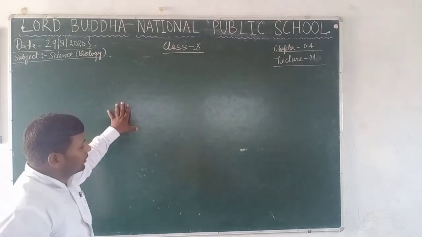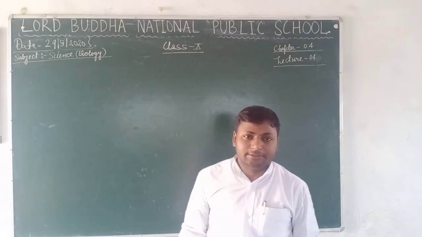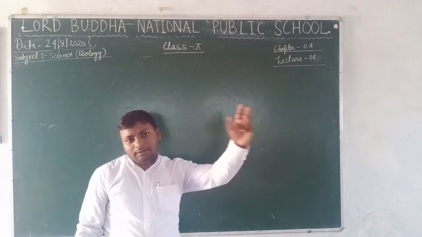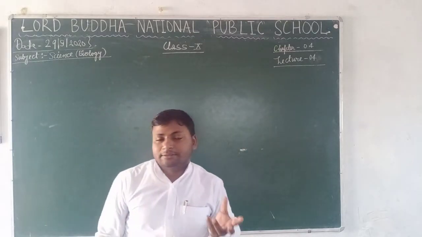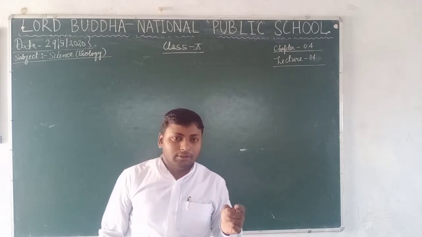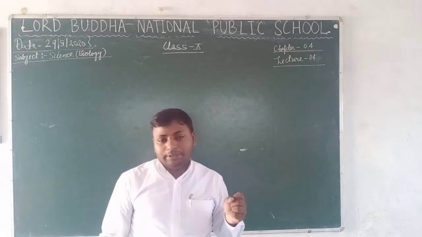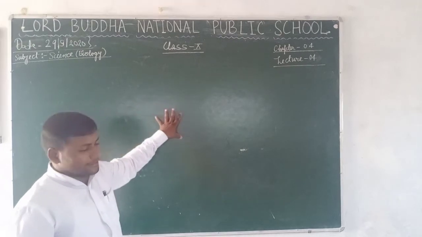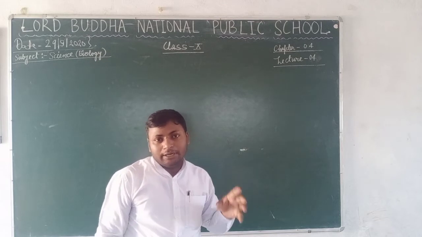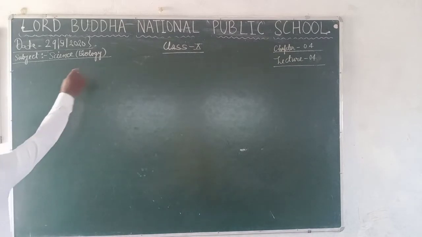Yes students, after studying heredity, variation, Mendel's experiment material and the traits selected by Mendel in his experiment from Pisum sativum, which means garden pea or sweet pea, now today we are going to discuss the terms that are used by Mendel in his experiments. So students, let's go on.